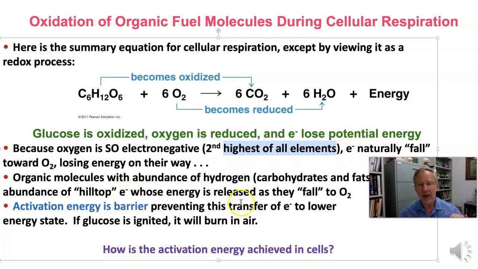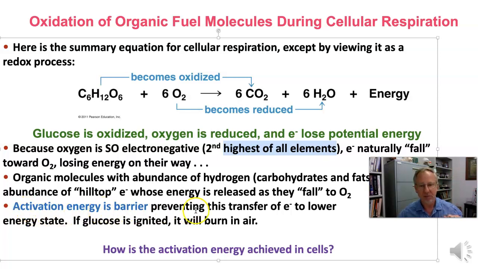Okay, so another thing to remind you of near the bottom of this slide is that every chemical reaction has an activation energy that it has to overcome for the reactants to turn into products. We learned that in chapter 5.